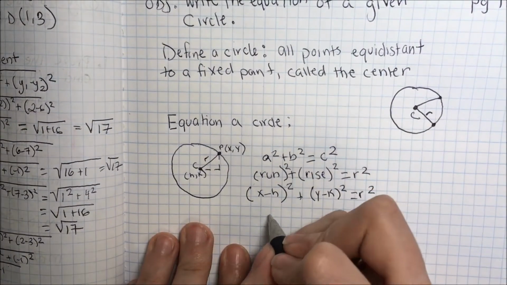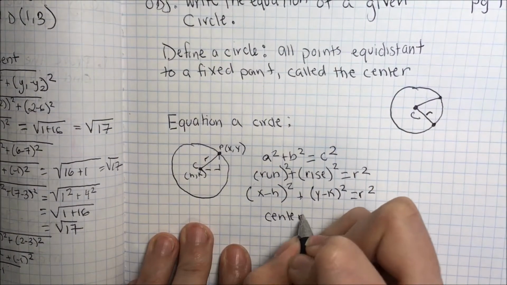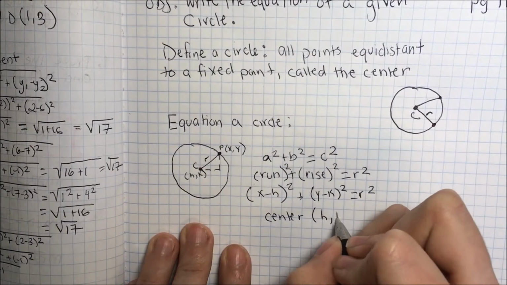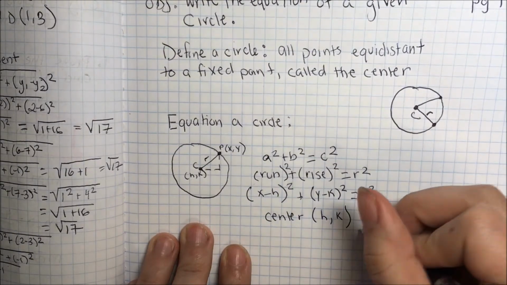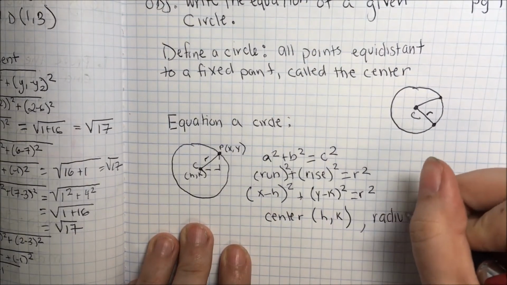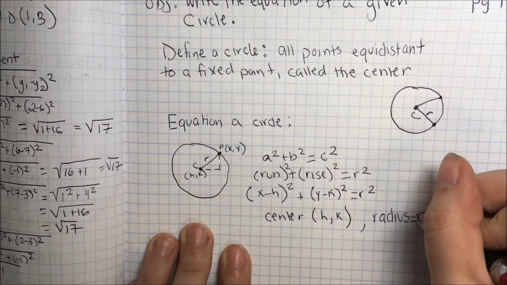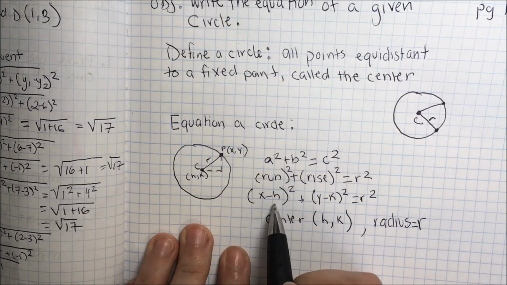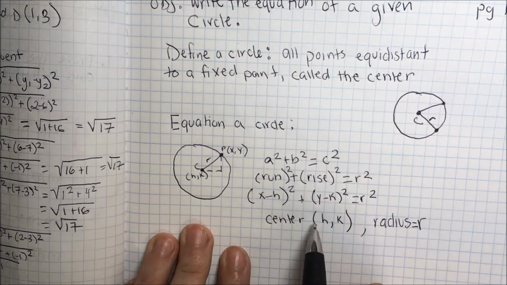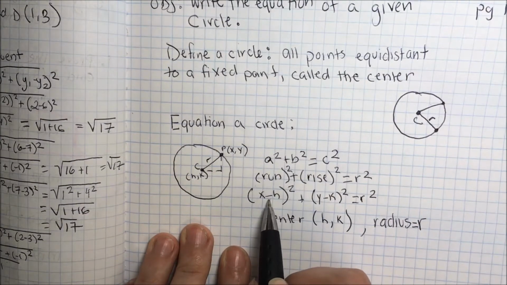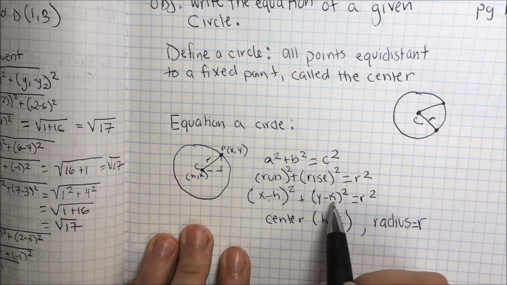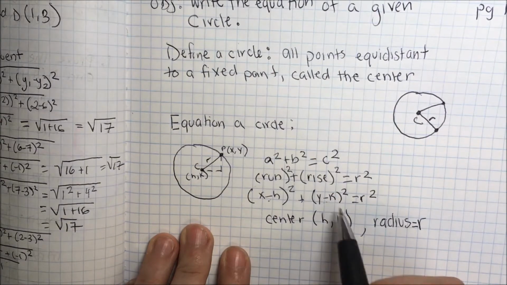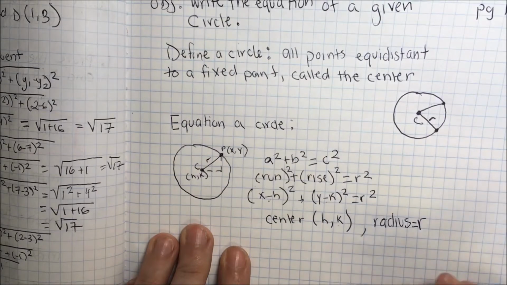So it says that our center is going to be (h, k) with radius r. So we have to remember that whenever we're getting our center h, you have to negate our h here. And the same thing with our k. We have to negate our k here to get our point k.